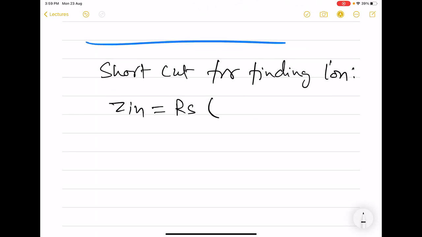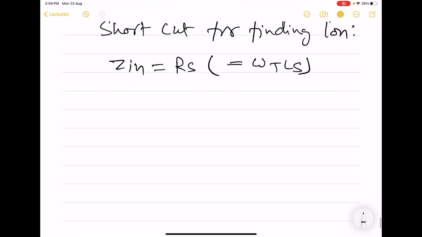Otherwise, the expressions would have been a lot more complicated. For this matched condition where Zin is equal to Rs, we had this equal to omega T Ls. So it is under this condition that we carried out the derivation.